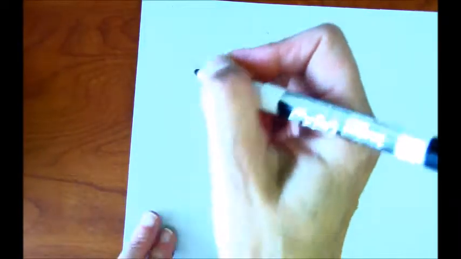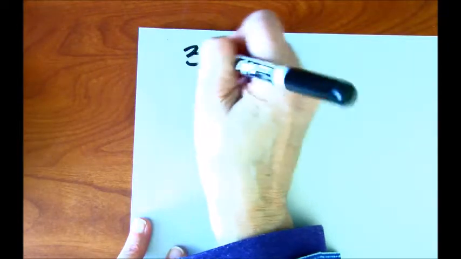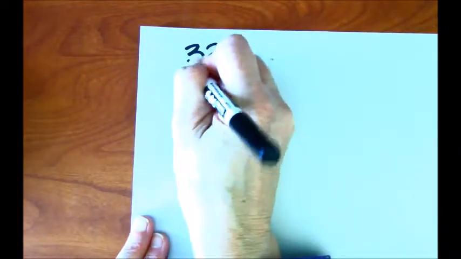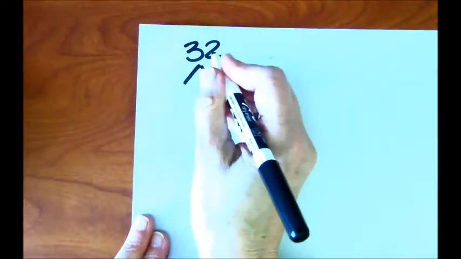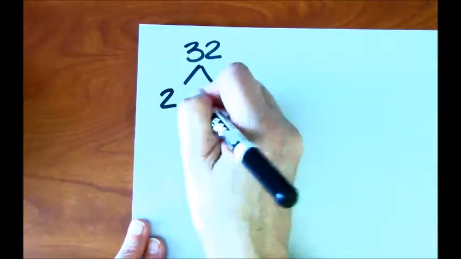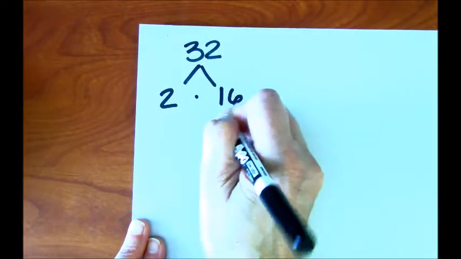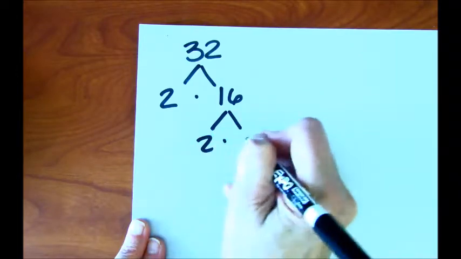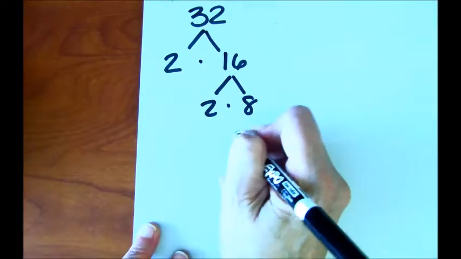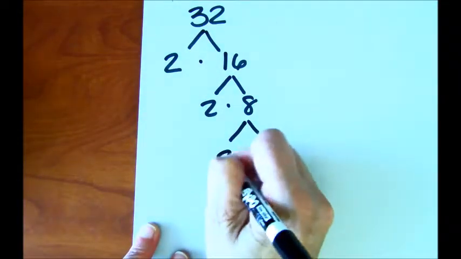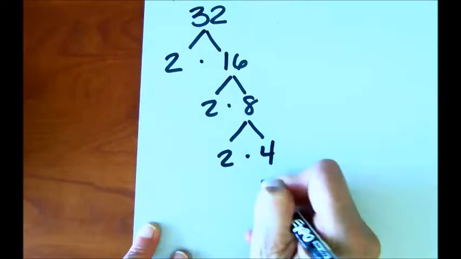Let's say we have, how about 32? Okay, 2 goes into this, that's an even number. 2 times 16. Again, I could break that up, 2 times 8. We've already done 8, so let's just go ahead and break that up.